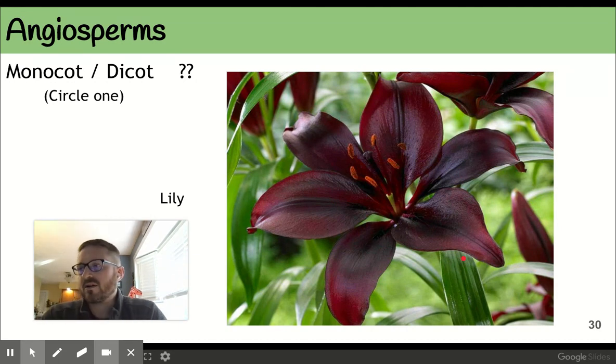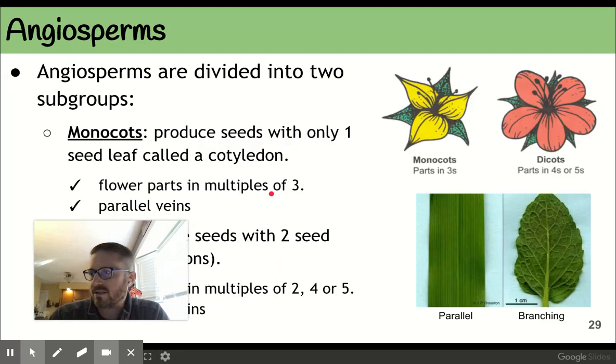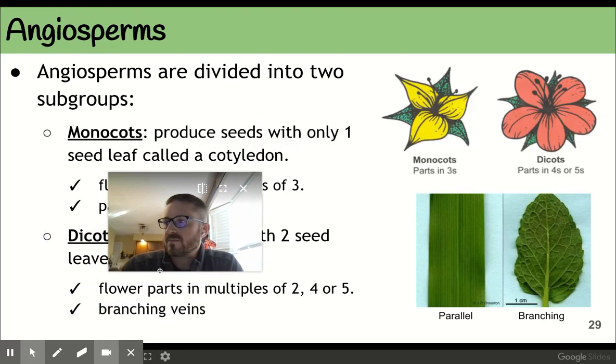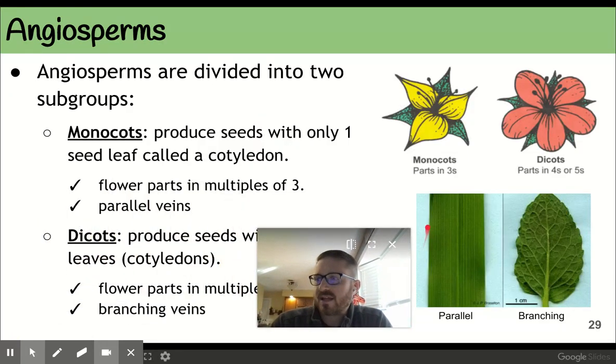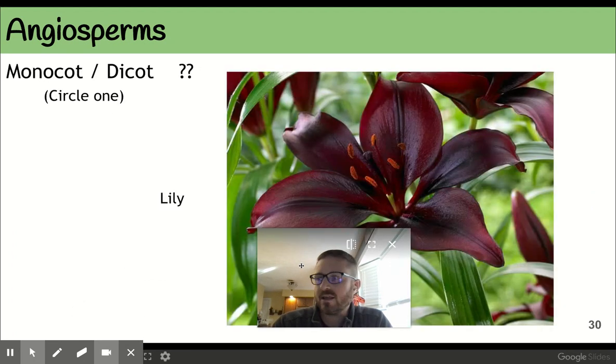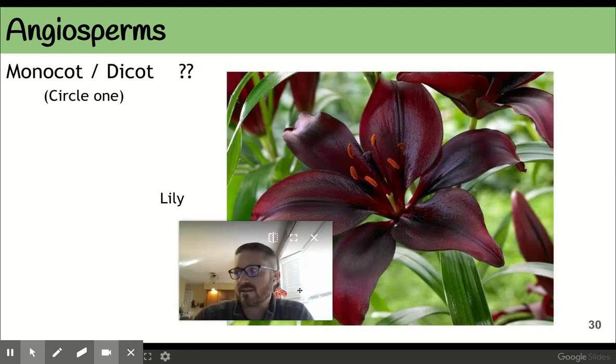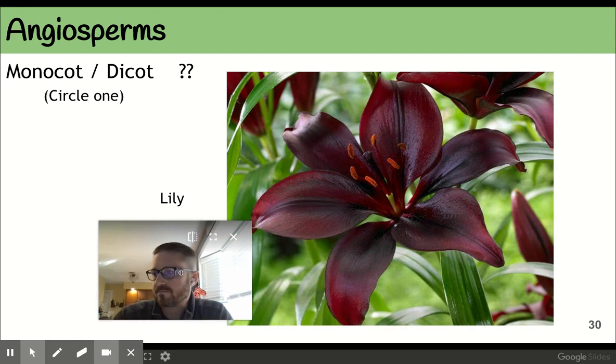The veins are parallel. There are 1, 2, 3, 4, 5, 6 of these parts in here. So if we go back to the previous slide, because this plant has parallel veins and its flower parts are in multiples of 3, it is definitely a monocot, and it is a monocot.